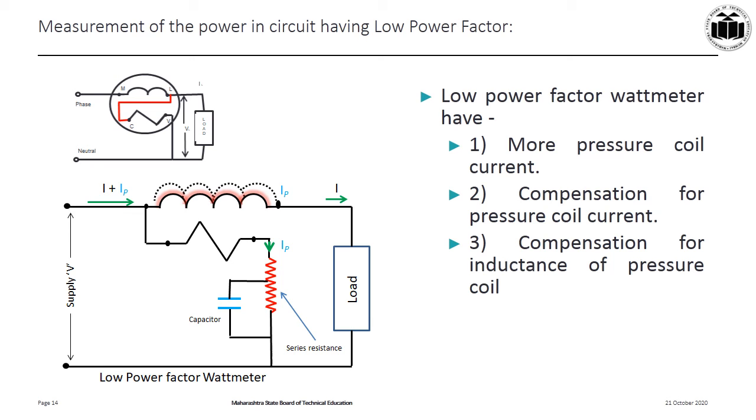So some special features are incorporated to convert the regular electrodynamometer wattmeter into a low power factor wattmeter, and those are more pressure coil current, compensation for pressure coil current and compensation for inductance of pressure coil.